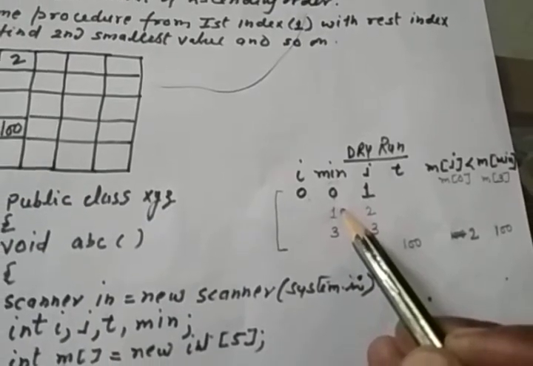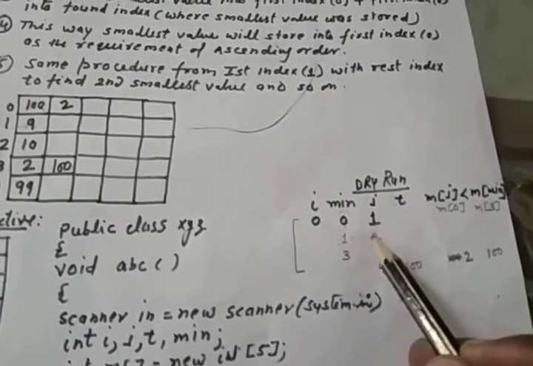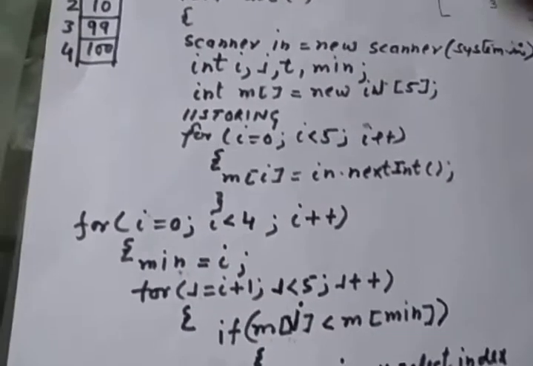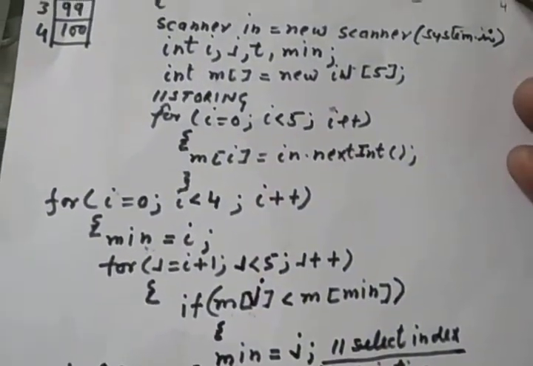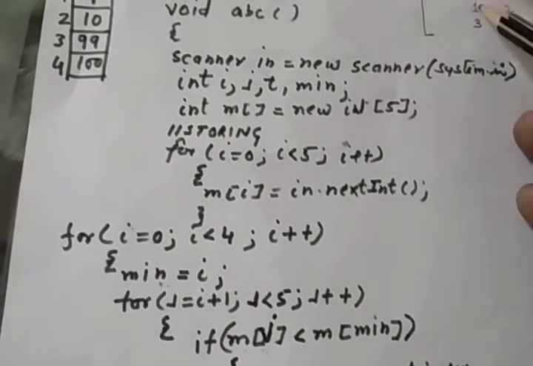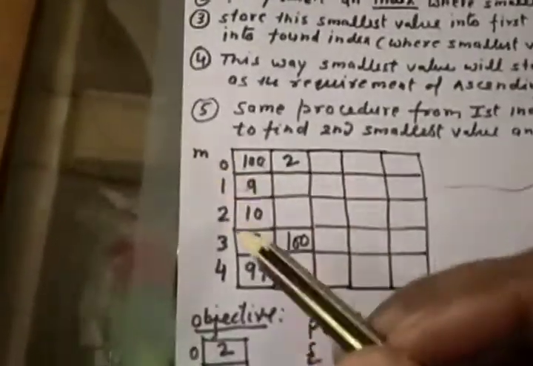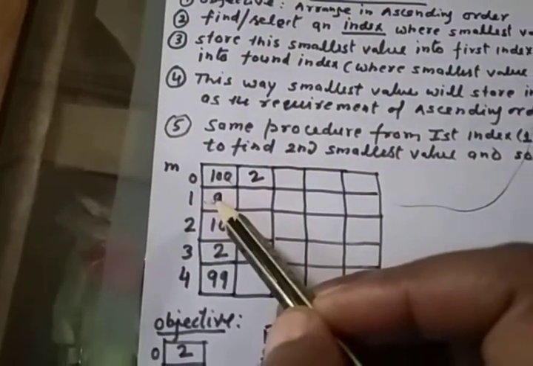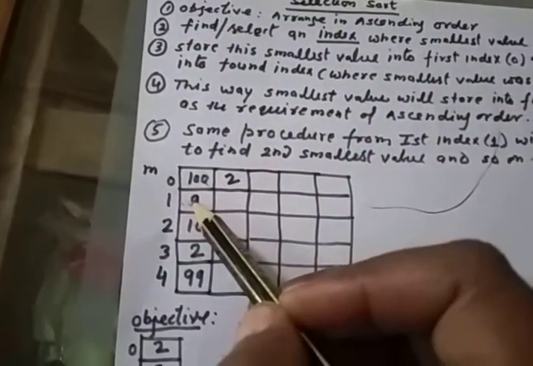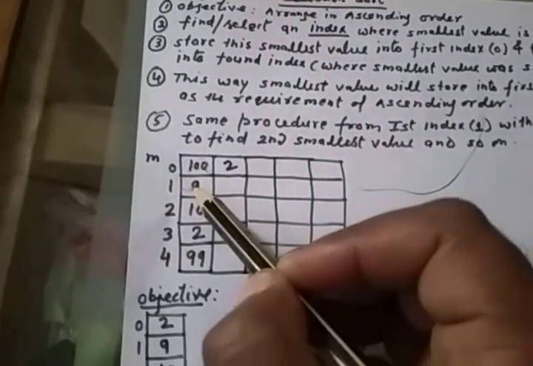Next, taking the value of j as 2: m[2] less than m[1]? No, so no exchange. Min will remain the same as the previous one.